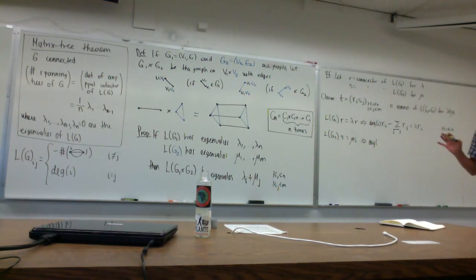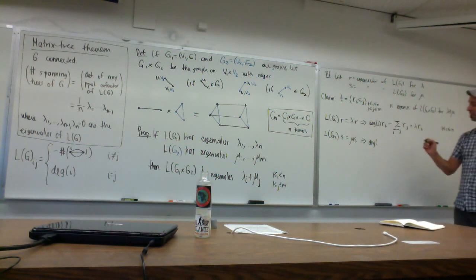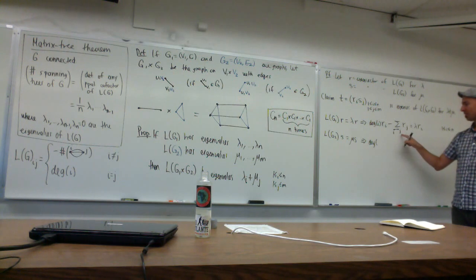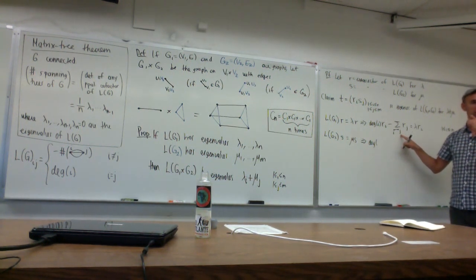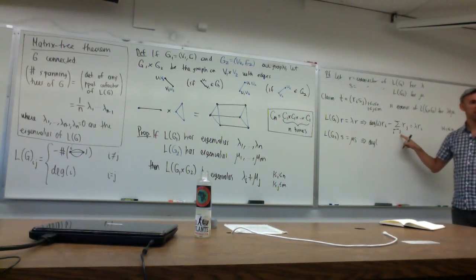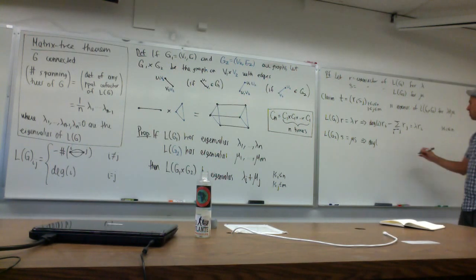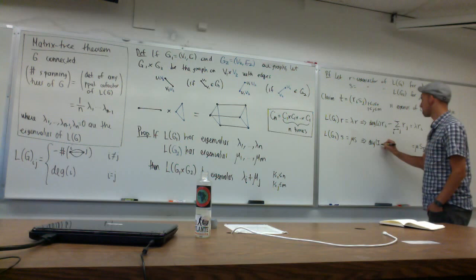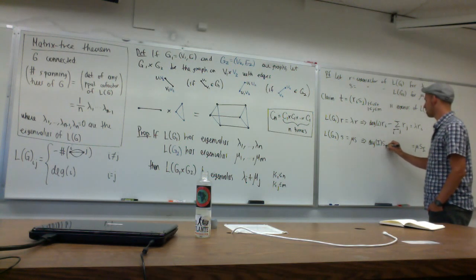I was planning on keeping the color coding, but I think that's going to be a nightmare. So what we're going to do is remember that lowercase vertices are in G1 and uppercase vertices are in G2. Okay? So now I'm going to take some entry between 1 and n capital. Okay? And so then what I get here is the same thing, but with capital letters.